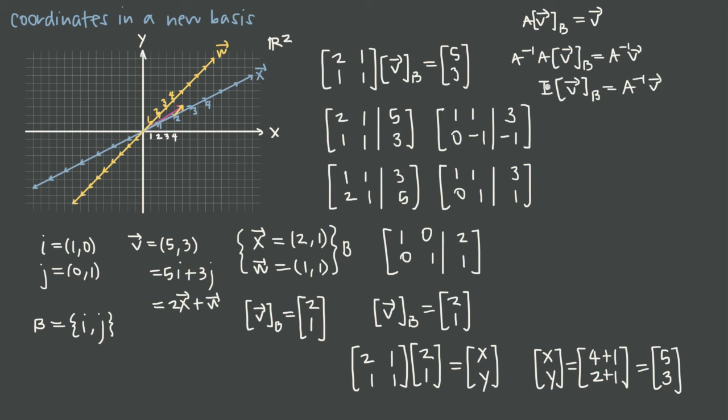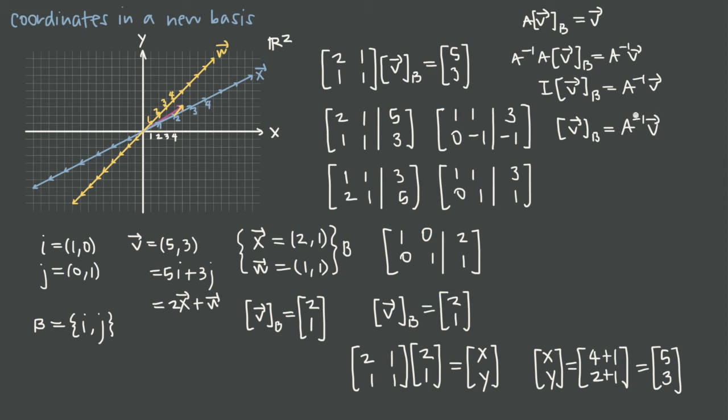And of course, multiplying by the identity matrix I is like multiplying by 1. It doesn't have any effect. So we can simplify this left-hand side just by dropping the I, and then we can say v in the alternate basis is simply given by A inverse times the vector v.